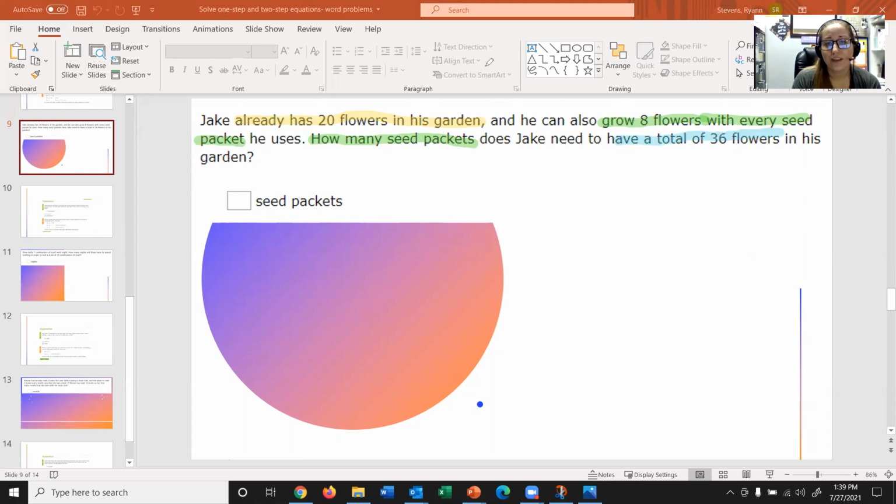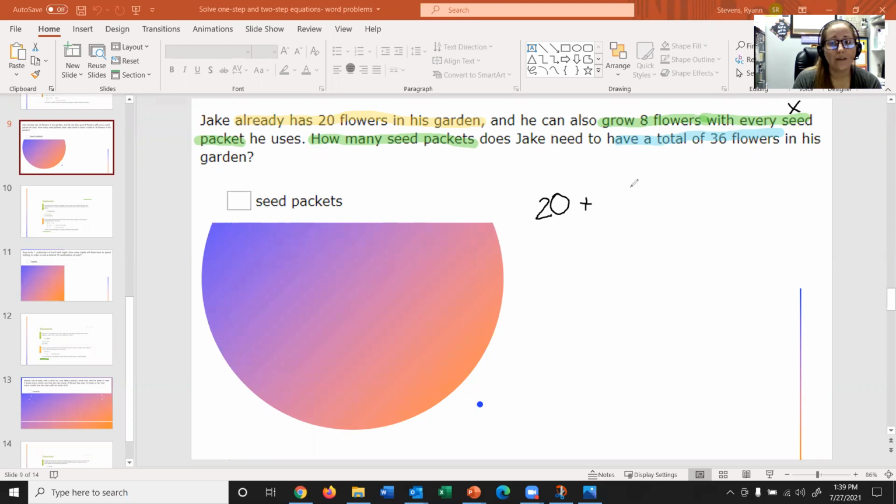Now we can go through and we can just set everything up as our equation. So we know that he already has 20 flowers. And we're going to add this because we're already starting with this amount and we want to figure out how many more do we need. So we're going to add this, and we're going to say that the seed packets is actually going to be represented by X because we want to figure out how many seed packets do we need.